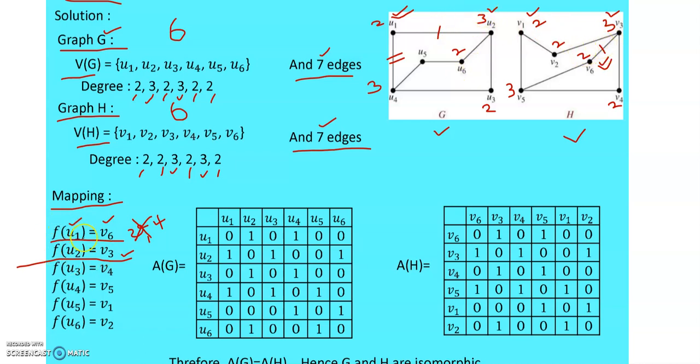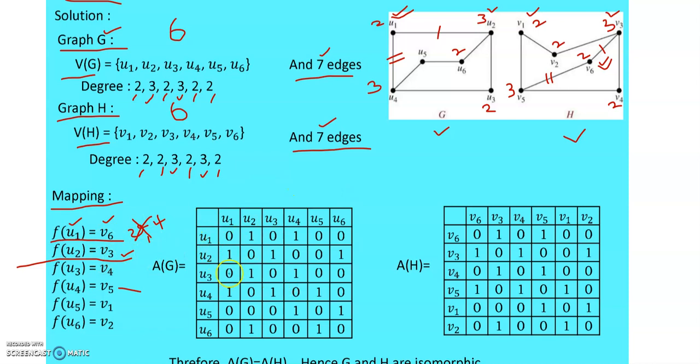If you do the proper mapping for the vertices, definitely it will map for the edges also. Similarly, u1 is mapping with v6, then the adjacent vertex of u1, that is u4, is mapping with v5. So this edge is getting mapped with this edge, so if you form a good mapping for the vertices, automatically you will get a good mapping for the edges also.